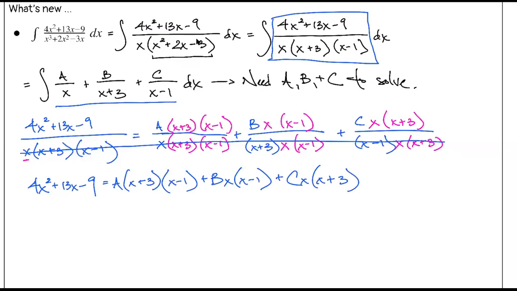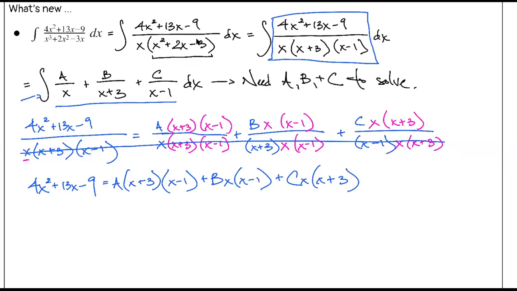And now what we're going to do is solve for a, b, and c. Okay, now there's a few different ways to do this, but my goal is to show you what I think is maybe the most efficient way to do each problem. Okay, so in a case like this, when every single fraction we have has a linear denominator, so like x is linear, x plus 3 is linear, x minus 1 is linear.